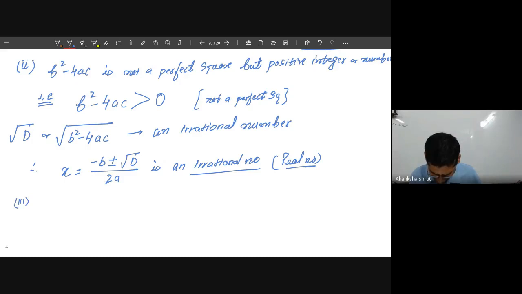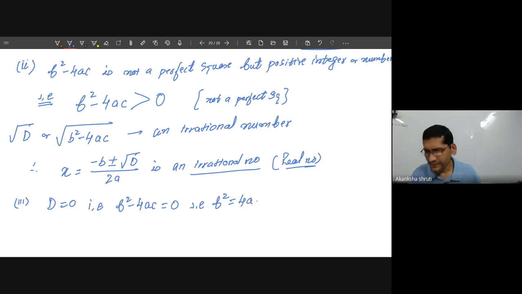it is possible that d is equal to 0. That is, whether I write d or b square minus 4ac is equal to 0. Sometimes it may be written as when b square is equal to 4ac. Means the square of the coefficient of x is equal to the product of the coefficient of x square and the constant term, multiplied by 4.